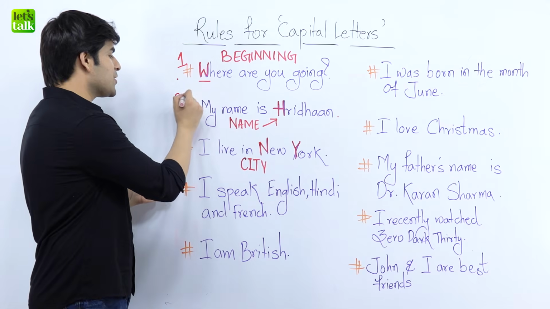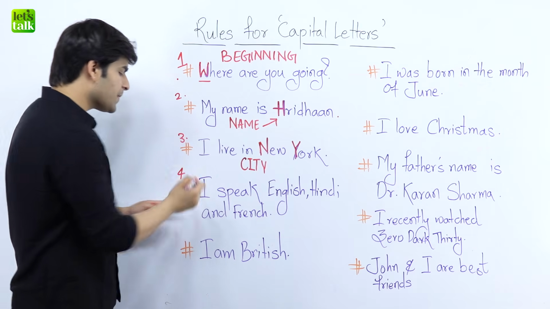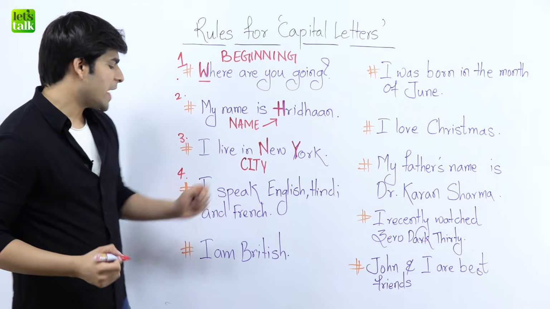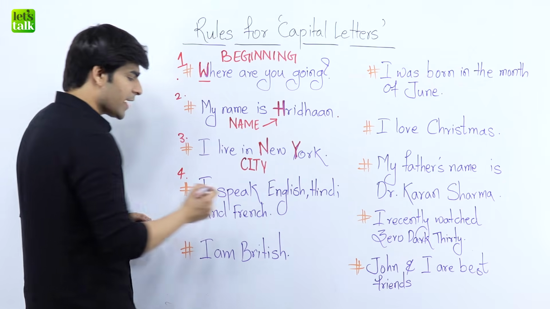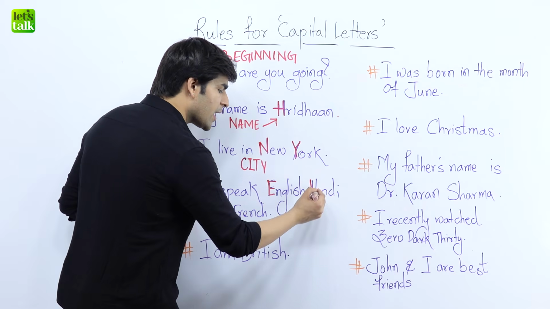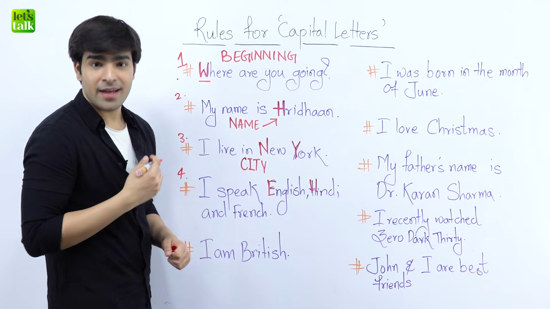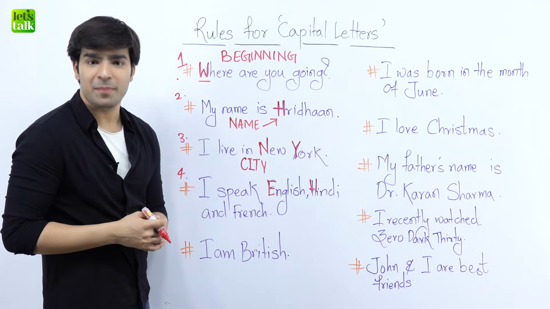This takes us to rule number 4 now. Rule number 4 is, I speak English, Hindi, and French. I have capitalized the first letters of the language that I speak. Yes, that's right. All of these sentences are true about me.